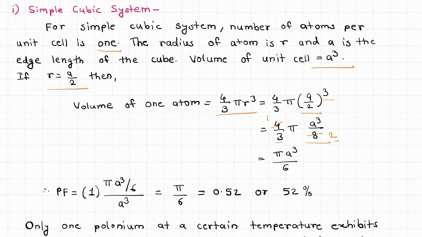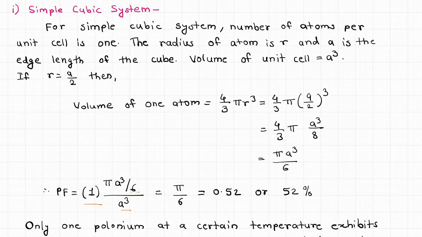Therefore it is equal to pi a cube divided by 6. Therefore packing fraction is equal to number of atoms in unit cell, 1, into volume of each atom, pi a cube divided by 6, and volume of unit cell is a cube.